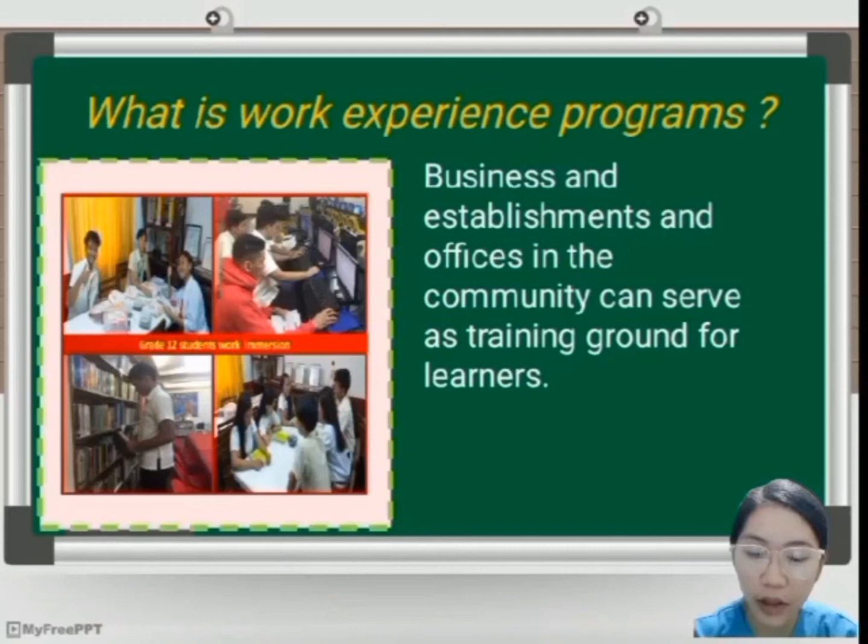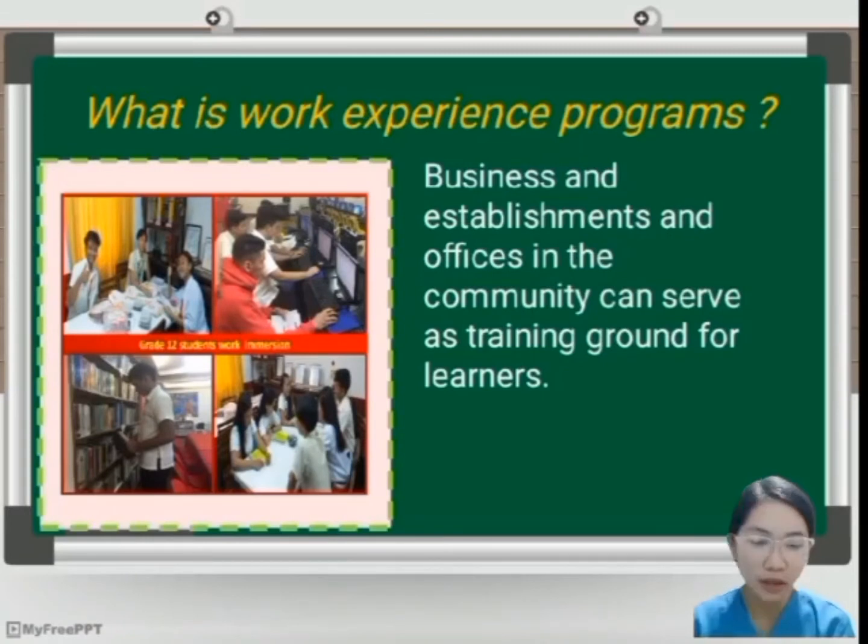In this school-community partnership, the school can fulfill what the curriculum requires and improve its curriculum based on community feedback.